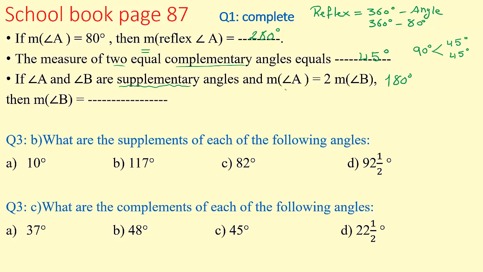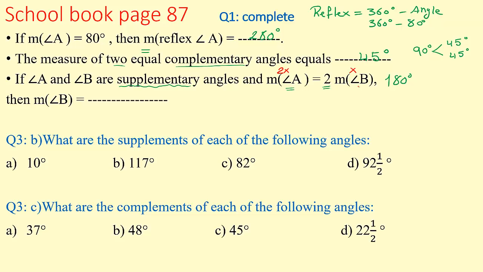And the measure of angle A is twice the measure of angle B. So he's saying that the measure of angle A is 2 times the measure of angle B. Then A is greater by 2. So I can say here that A is 2x and B is only 1x. Why? Since angle A is twice the measure of angle B.